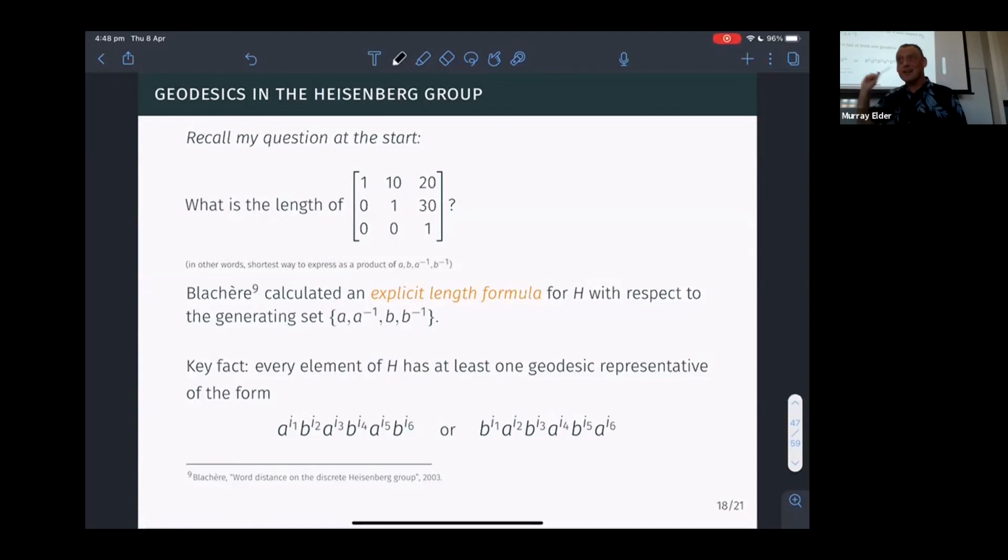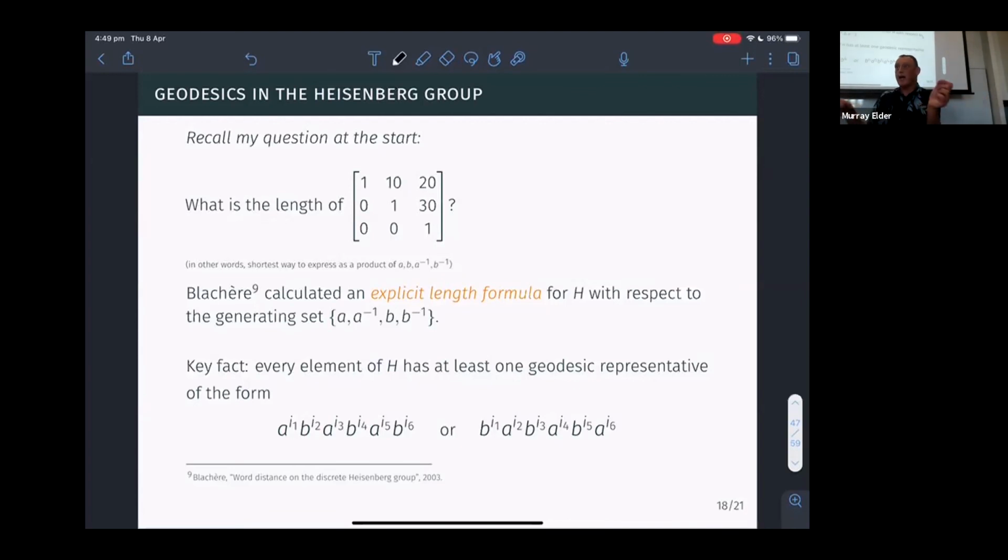Now, that's exactly what I said I needed. So what this proves is that for every group element in the virtual Heisenberg group that I've created, you had better choose these sort of representatives rather than an equivalent geodesic. There are other ways to write it as a geodesic.